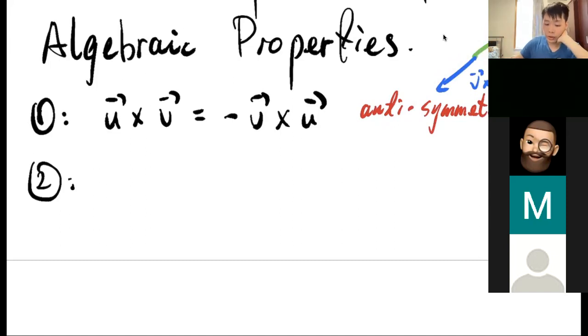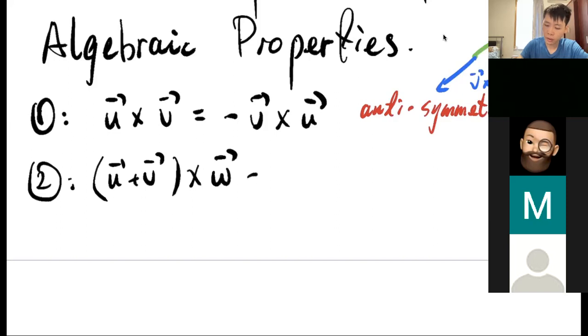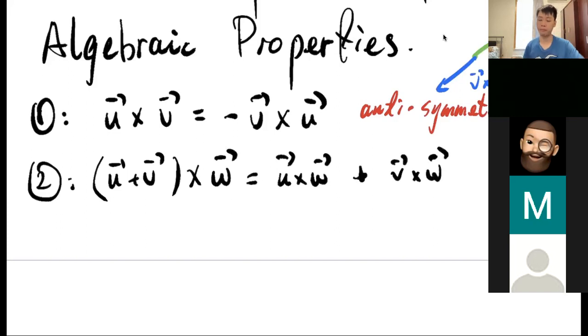The second thing to notice is that the addition on one of the vectors can be distributed like in a product. So you have u plus v crossed with w, which is the same thing as crossing each one with w outside and adding them up.